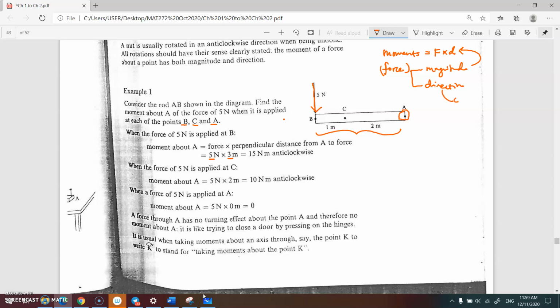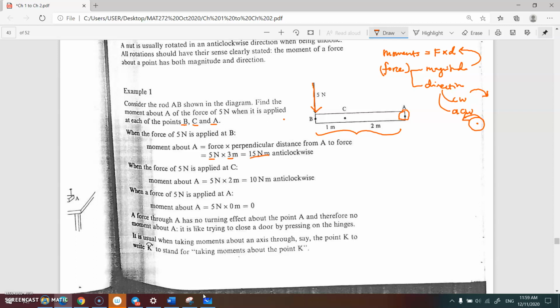It is either clockwise or anti-clockwise. Clockwise is mengikut arah jam, and anti-clockwise is lawan arah jam. So 5 times 3, you get 15.